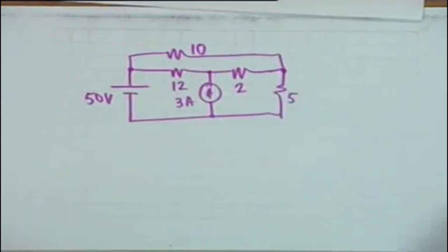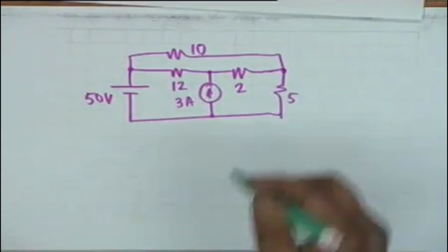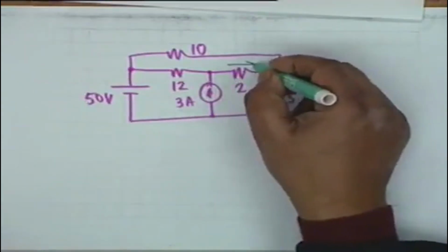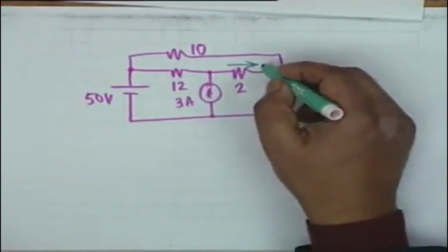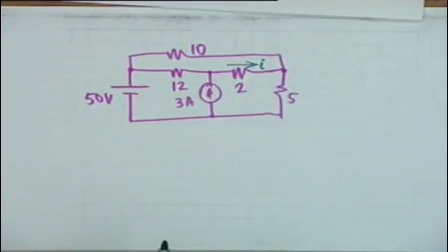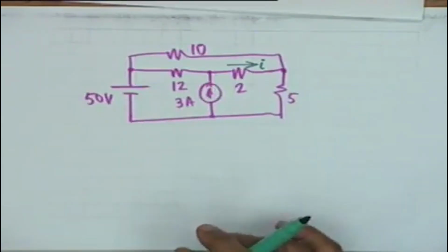And to make things a bit more complicated, let's find out the current through these 2 ohms, and let's call this current I. It's the same exercise that we had taken to illustrate KCL, KVL, loop analysis and node analysis. We want to solve it by applying Thevenin's theorem.